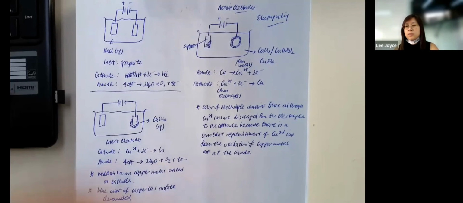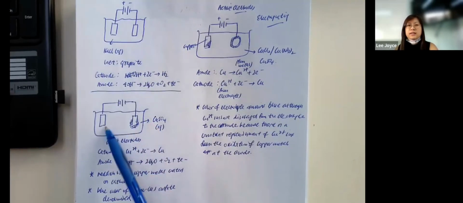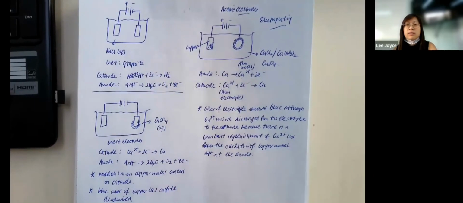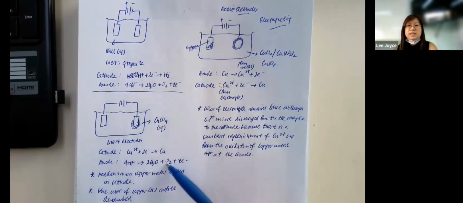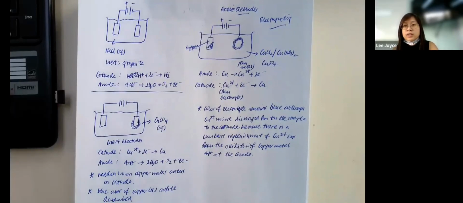You can see that most of the time, the anode are the ones that will get affected. The anode inert electrodes will get worn out very easily because it produces oxygen gas. Or in the case of the concentrated solution, it produces the chlorine gas if the Cl- ions are being discharged, right? Remember? So chlorine and oxygen are very strong oxidizing agents.